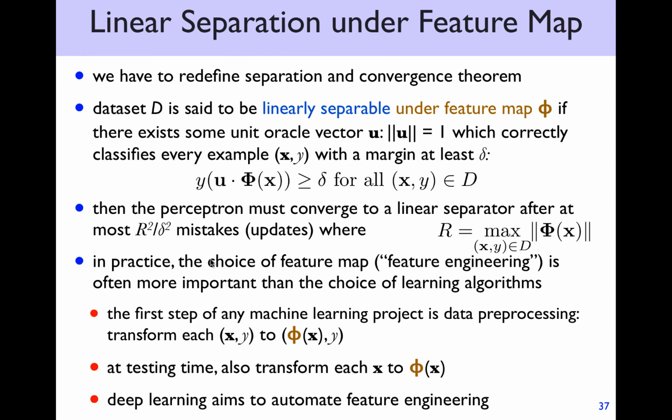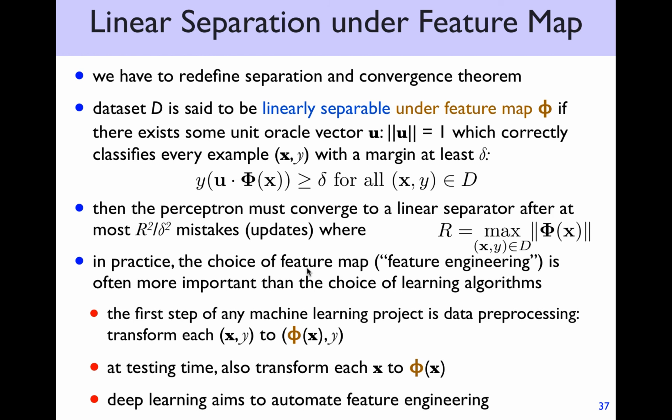And in practice, the choice of feature map, also known as feature engineering, is often more important than the choice of learning algorithm. You will see that after you learn SVM, Perceptron, and logistic regression, they almost all perform roughly the same. Okay, very small difference. But if you change the feature map, then all these algorithms change.